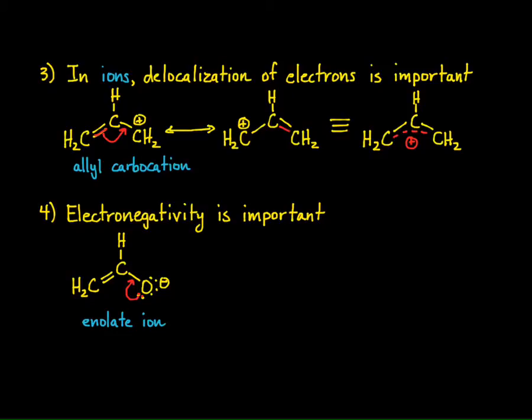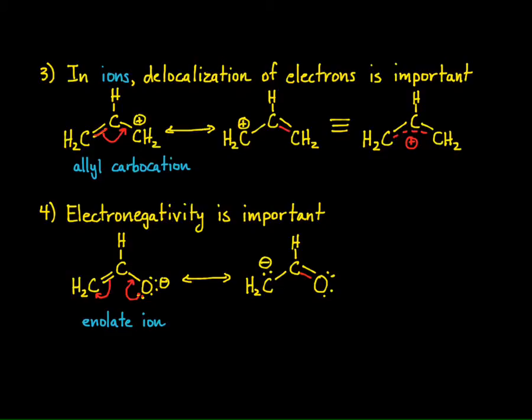I have to break a bond, so I can break that carbon-carbon double bond, and I can move a pair of electrons from that double bond onto the carbon on the left. And so the resulting structure has the carbon having that pair of electrons, and it now has a negative charge, and we have a carbon-oxygen double bond, and now the oxygen is neutral.